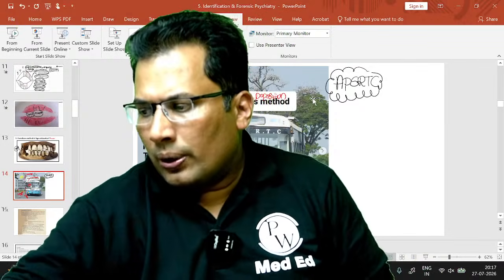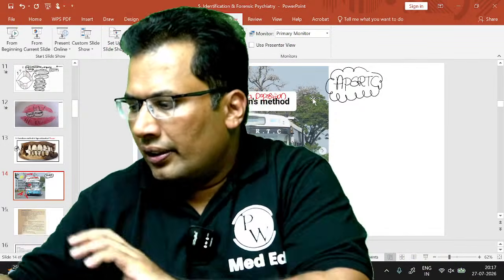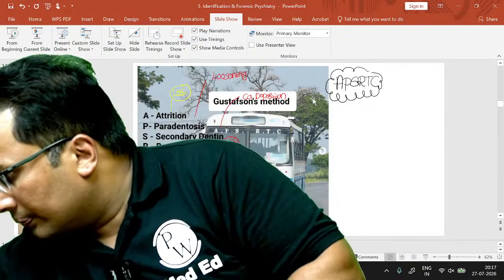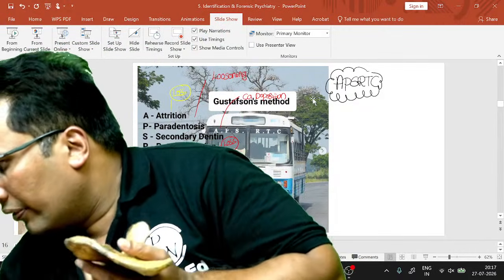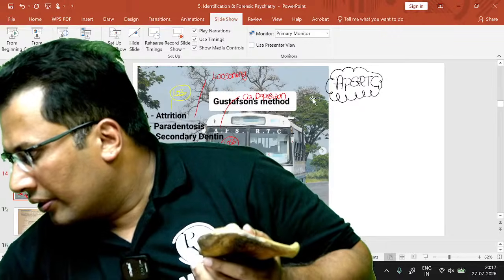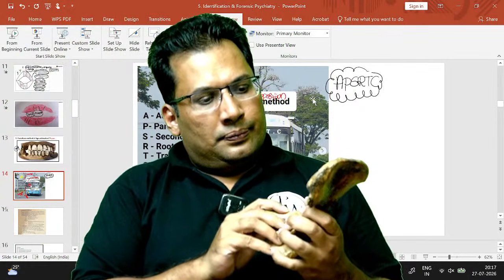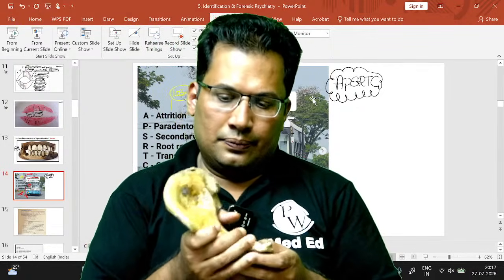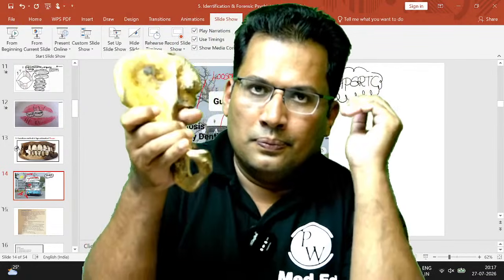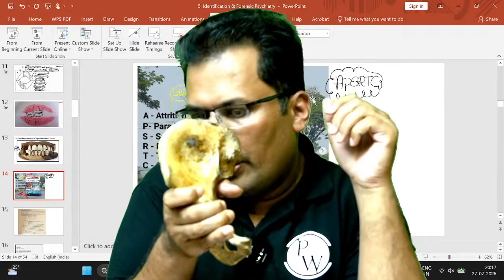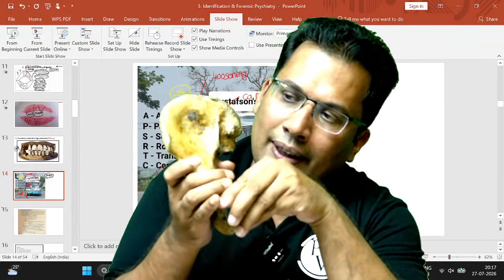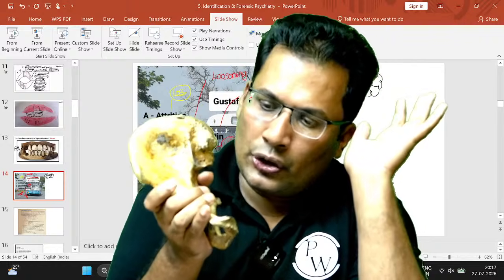Chalo. Now I have one more nice collection. Now left and right. Now look at this one. I'm going to explain the bone. You need to identify male or female. That's all, just identify.